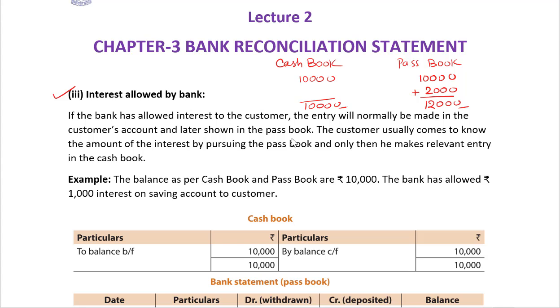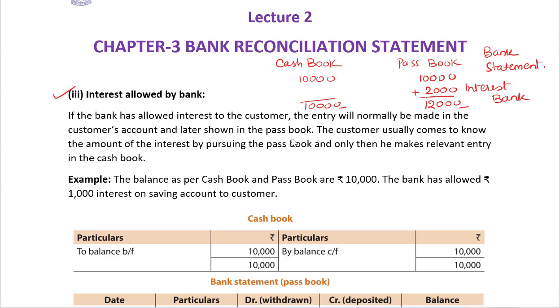When we get the passbook printed or demand the bank statement from the bank, at that point of time, we'll get to know that we have received this 2000 as bank interest, and this has been credited in our passbook.